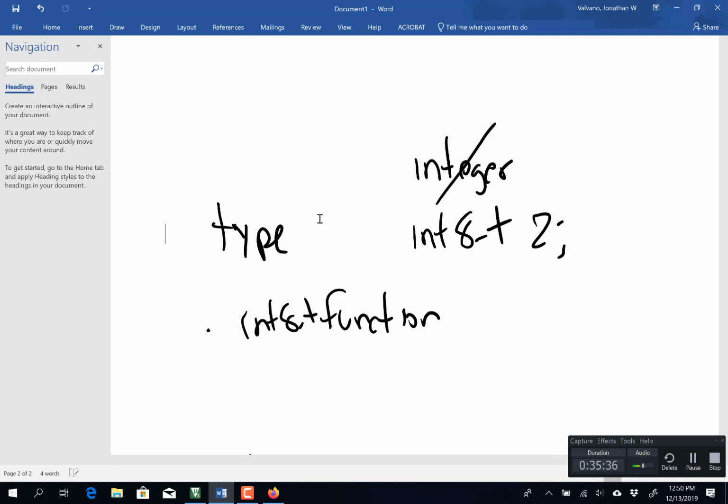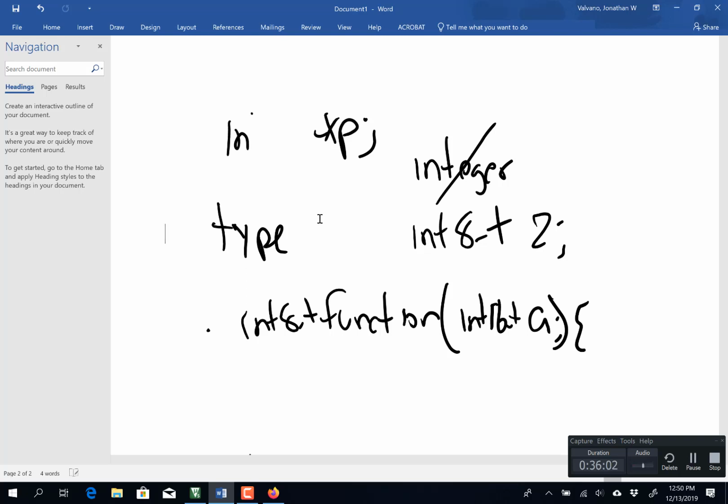What goes before a parameter definition? A type. What goes before a pointer definition? A type.